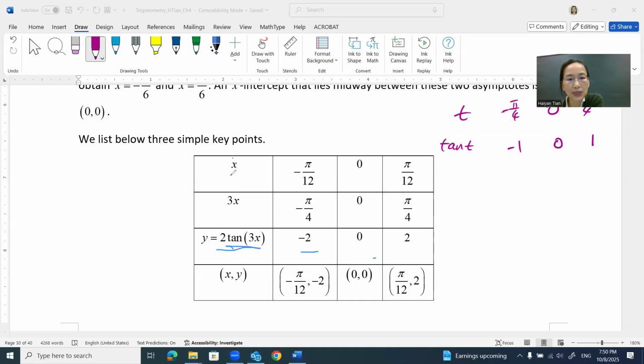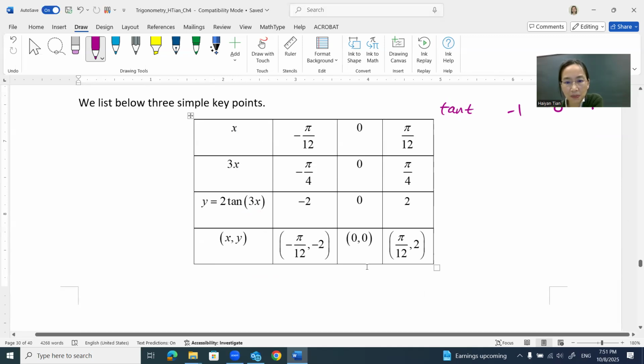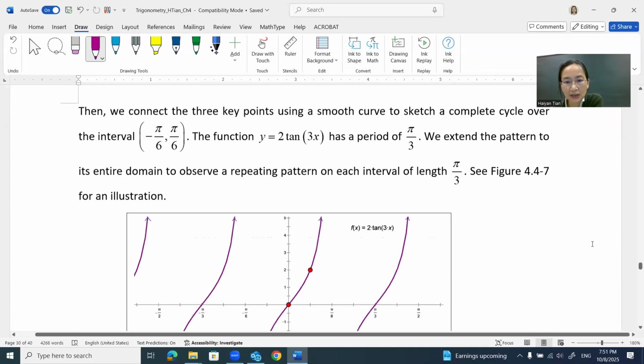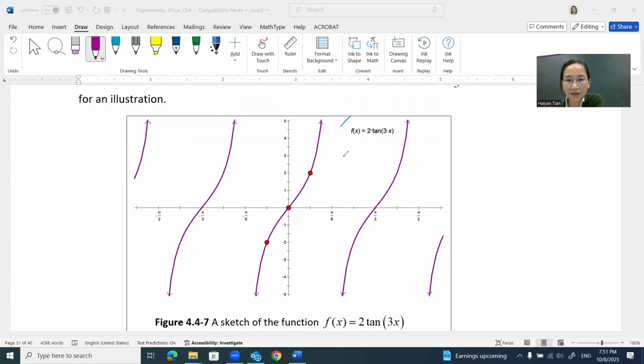Eventually we get x versus y. For each ordered pair we get a point, so 3 ordered pairs give 3 points, and one period of this tangent function is done.